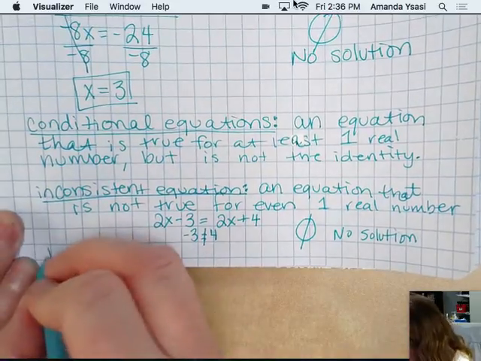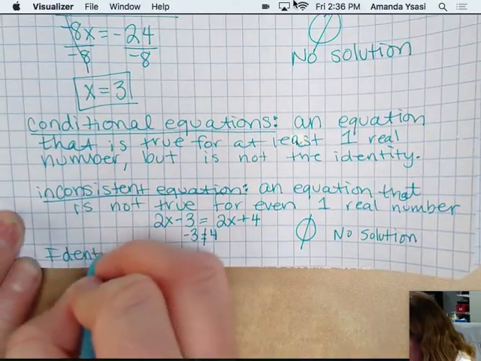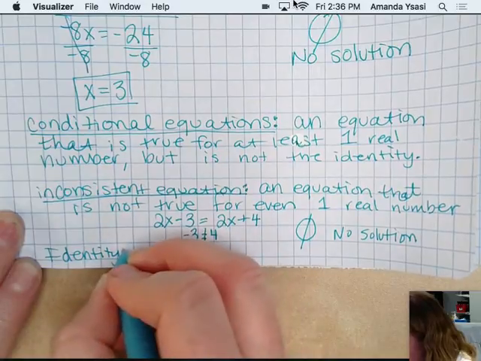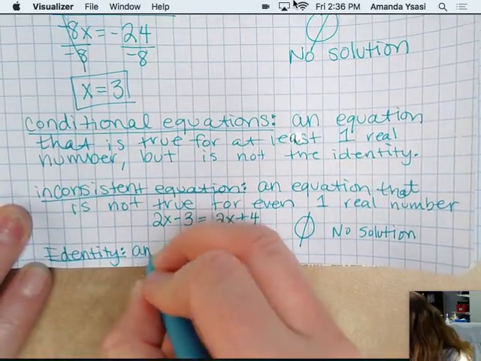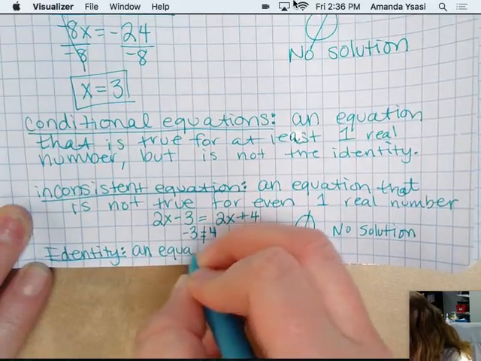And then identity is the last one. An equation that is true for all real numbers.